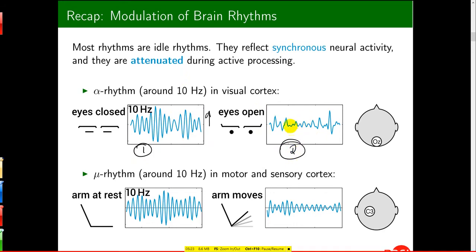And that decrease in the signal is related to the information processing in your brain, the visual cortex. What happens when you open your eyes? You have visual information feeding to your brain. When you close your eyes, you have darkness, you don't see anything.